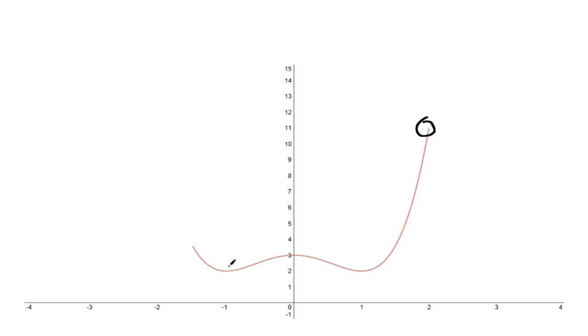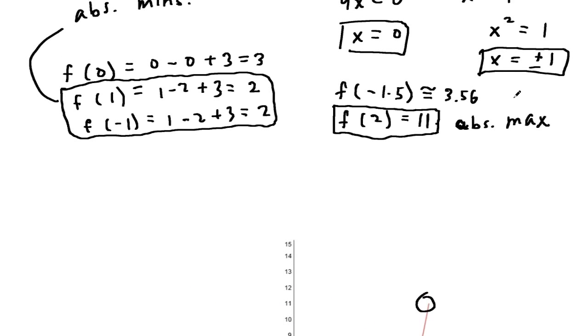And here we see the absolute minimums at -1 and 1, and the absolute minimum value is 2. So this verifies what we had here. There were 2 absolute minimums occurring at -1 and 1, and 1 absolute max at 2.